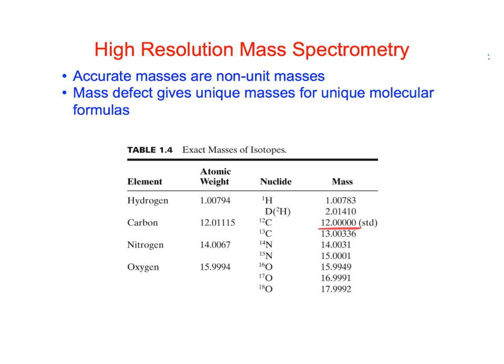So this table shows atomic weights from the periodic table, but these are weighted averages. Here are the masses of the actual isotopes. We as humans just picked one to be standard, and we decided carbon was going to be standard at 12.